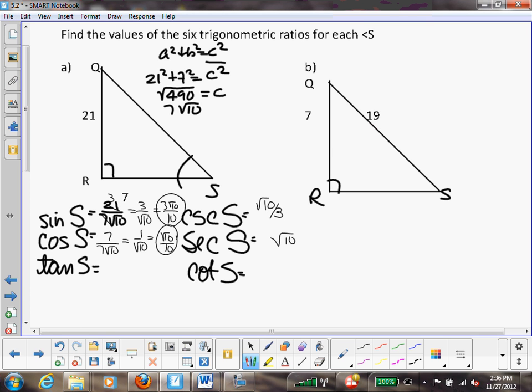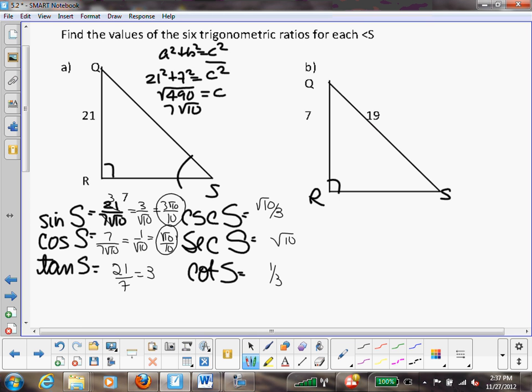All right, the tangent, what's the tangent? Oops, 21 over 7, which is 3. What's the cotangent? 1/3. Does that make sense? Okay. All right, let's do B.